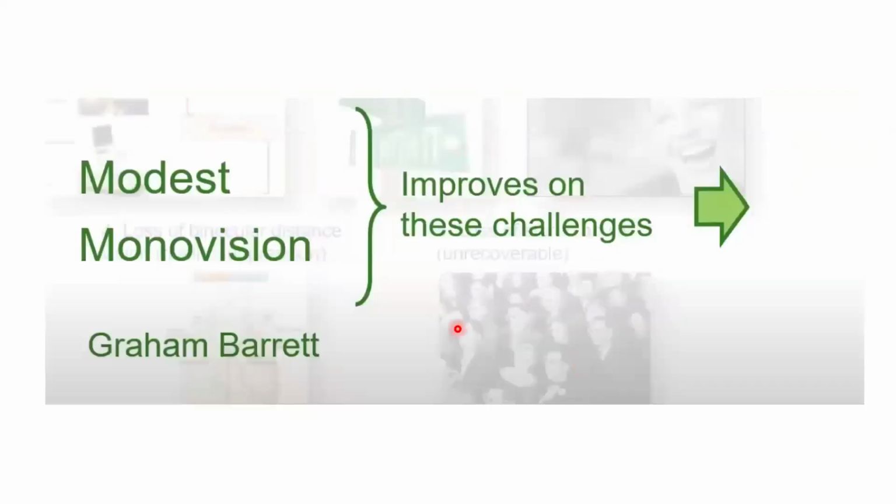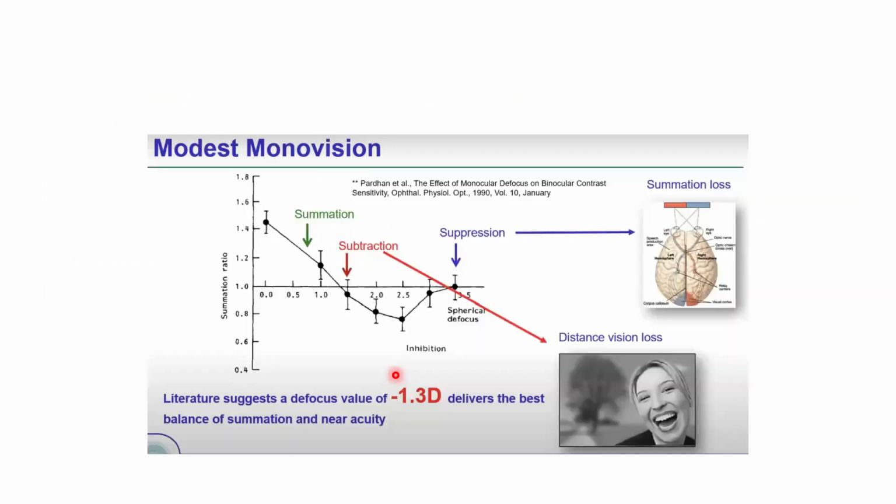So Dr. Graham Barrett, whose formula we constantly use, has suggested something known as modest monovision. Modest monovision, he said, improves on these challenges. So what is modest monovision? From studies it has been seen that an anisometropia of around 1.3 to 1.5 diopters is well tolerated, and it gives the best balance of summation and near acuity.